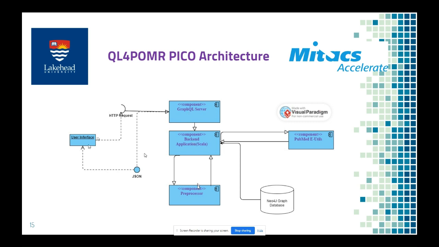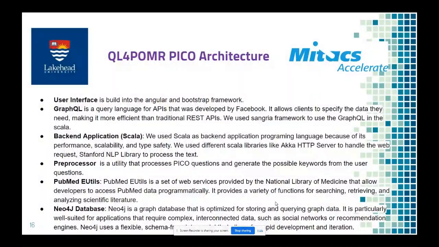One is the preprocessor, which helps us find the possible keywords from our PICO query. It is also connected with the PubMed utils, which help us fetch the MeSH terms as well as the scripts and the articles related to the query, and it is also connected with the Neo4j database to store our data.